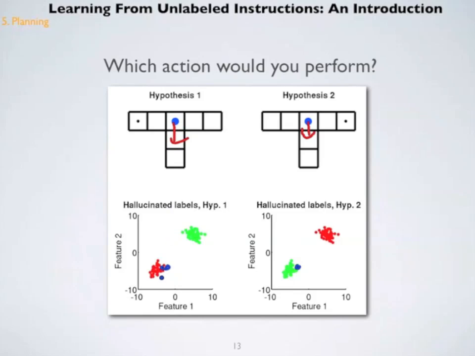So that will actually be a red point here, and also a red point here. And you can see now that the nice structure of the data is broken.